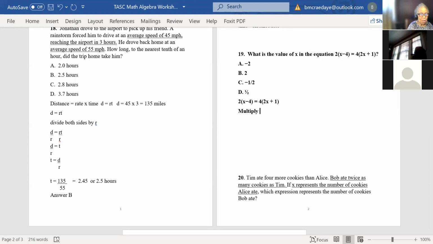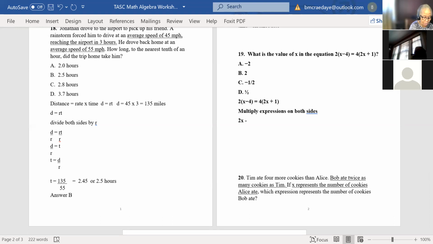Multiply expressions on both sides. So we're going to do both of them. So you'd get 2x, and what else? 2 4s. Oh, you have -8. So -8.